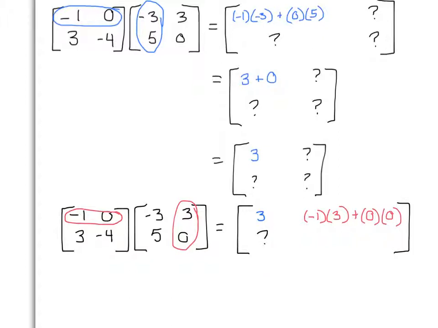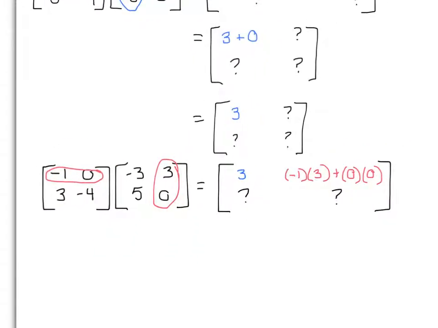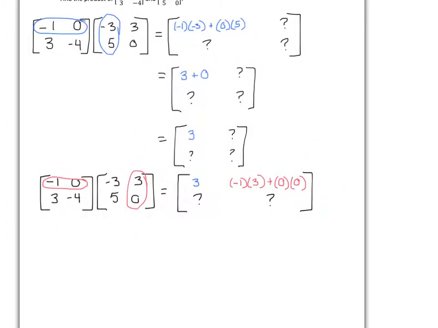We don't know the bottom two elements yet. Simplify. So we'll get 3, and we don't know the bottom ones. And then what's -1 times 3?